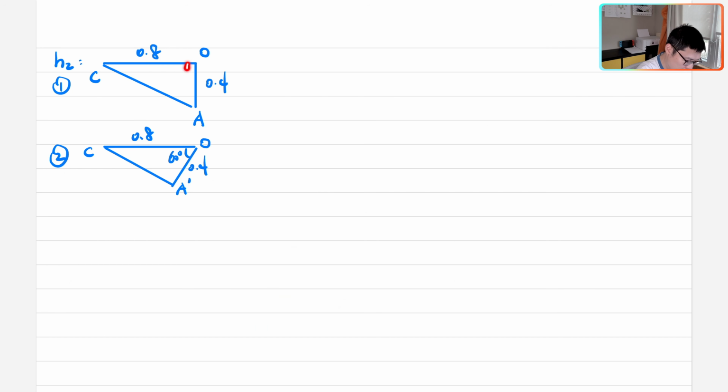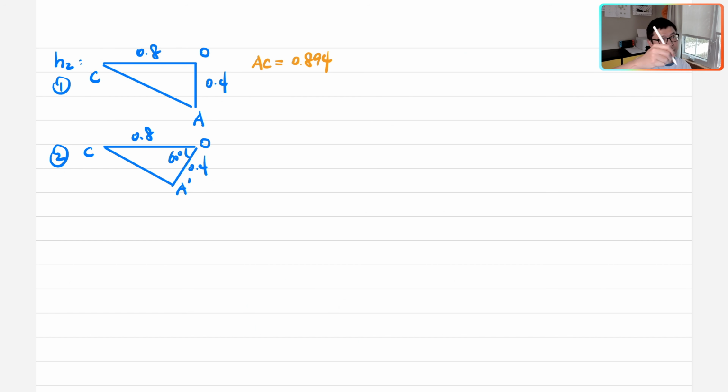It was 90 degrees, it ended up at 60 degrees. We want to find out how far the bar lifts. First of all, looking at triangle AOC here, we can calculate AC by the Pythagorean theorem, 0.894. This guy here.